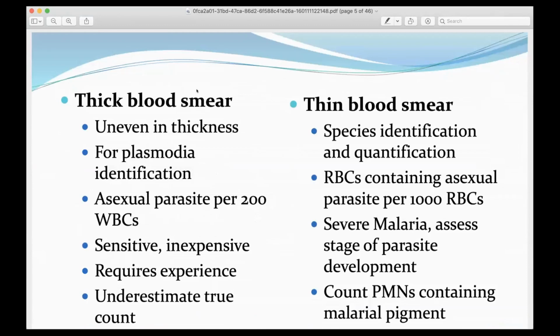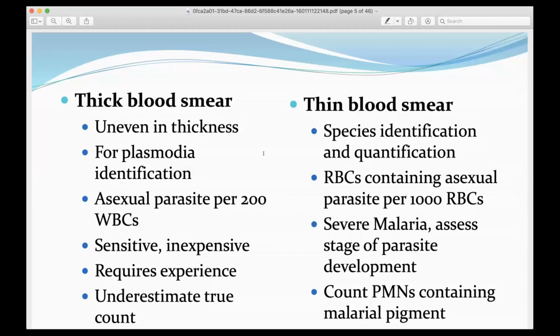It is a very sensitive and inexpensive test, and requires a little experience to identify the parasite. The thin blood smear gives specific identification and quantification of the parasites, and in severe malaria, the stages of parasite development can be seen in the thin blood smear, along with counting PMNs containing malaria pigment.